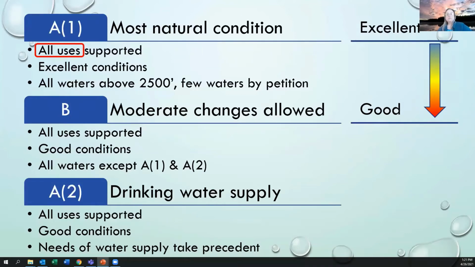If someone wants to put in a development, a wastewater treatment plant, an industrial facility that discharges wastewater, they have to get a permit to do that. And they can add this much pollution to that reach of river, and the water will still meet that A1 condition.